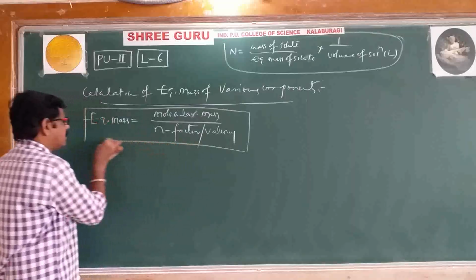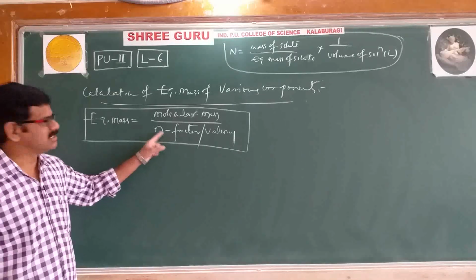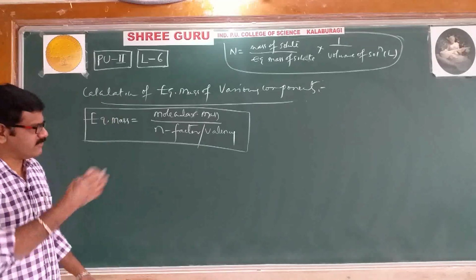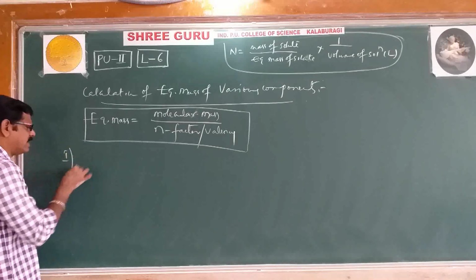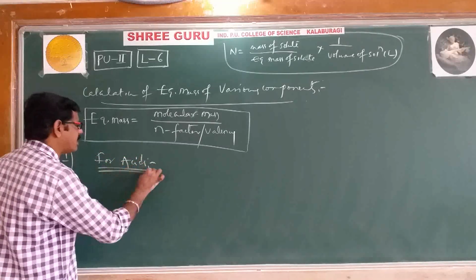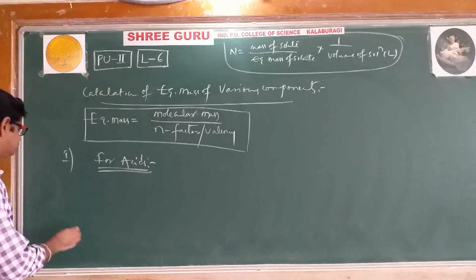Molar mass or molecular mass divided by valency, you will get the corresponding equivalent mass. Now, for various components, first we will find for acids. Let's discuss now how to get it for acids.